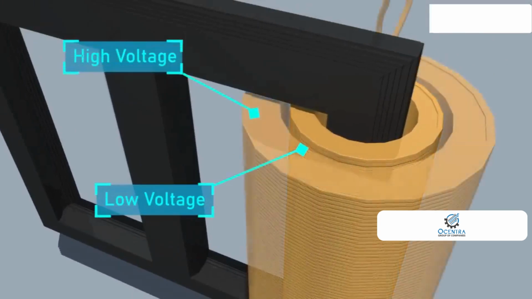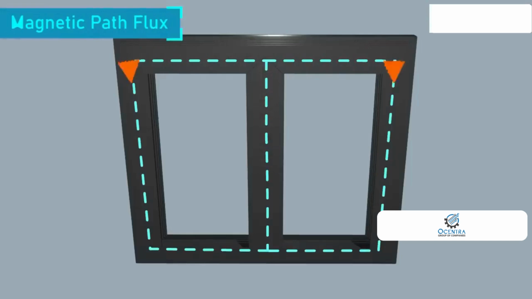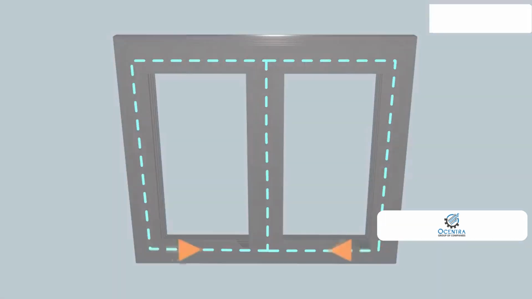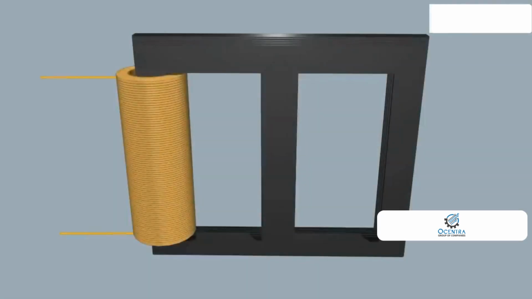The core of the three-phase transformer consists of three limbs in the same plane, and each limb carries both low-voltage winding and high-voltage winding. The core provides a magnetic path for the flux around the core. The first winding, also known as a coil, is supplied by an alternating electrical source.